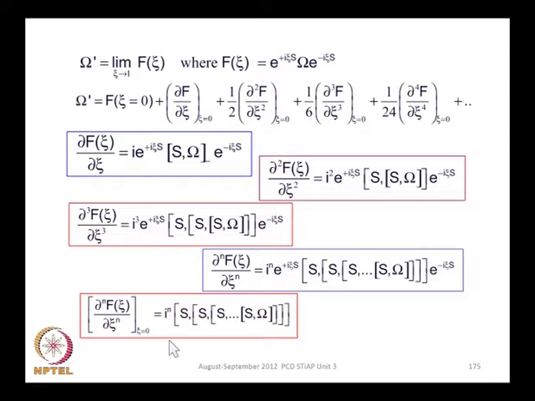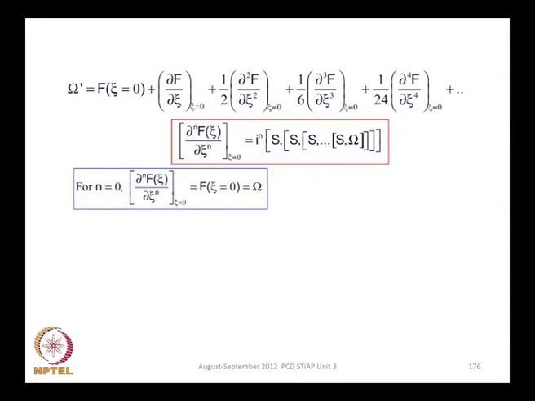Now this is a very good result, and then you take the value at xi equal to 0. So e to the i xi s becomes 1, e to the minus i xi s also becomes 1, and you can forget about it. Okay? Because you have to take the derivative at xi equal to 0.